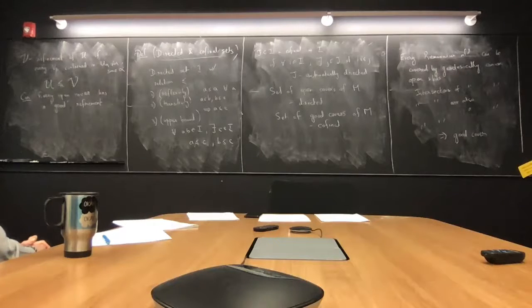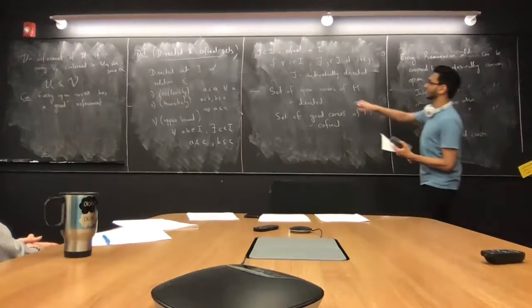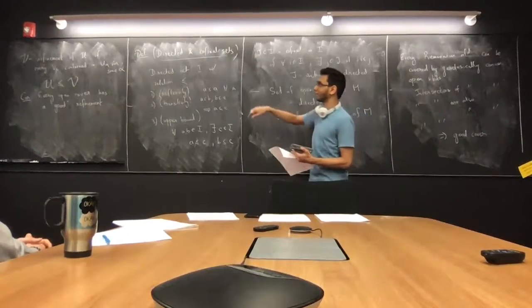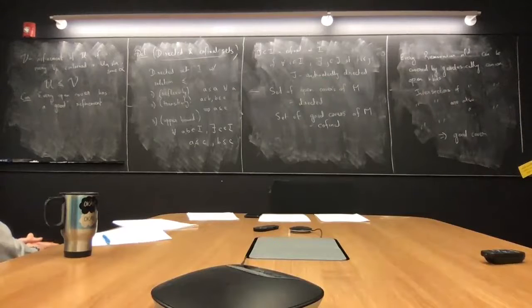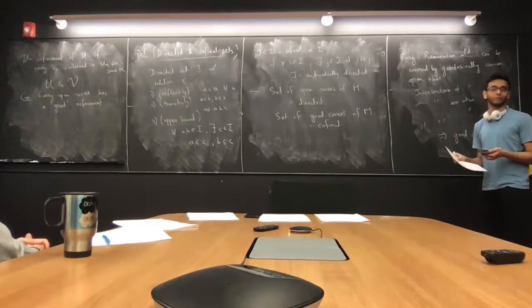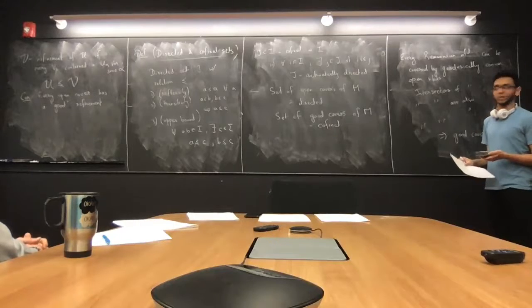Oh, you can require whatever you want. I don't know if there exists a relation. So this is in particular with respect to the relation of refinement. So maybe if you can construct a relation where locally finite becomes a cofinal set in the set of open covers, I guess, but not with this relation.